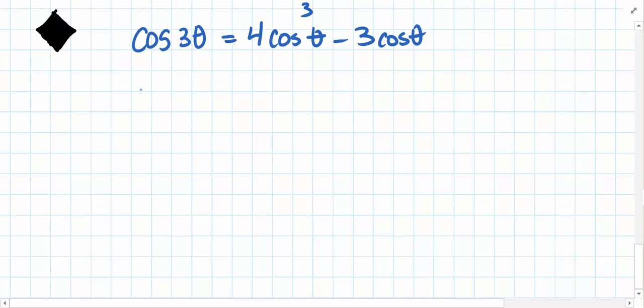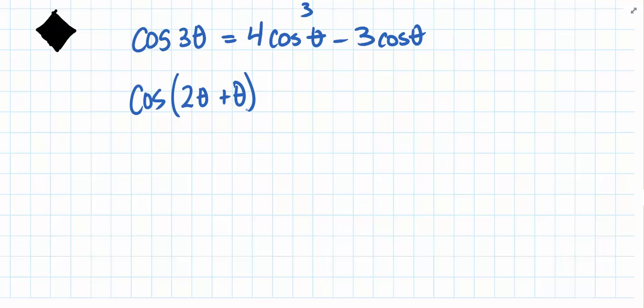Okay? So we're going to call this the cosine of, we're going to break up 3 theta into 2 theta plus theta. 3 theta is 2 theta plus theta. Now, you should see that we have a sum formula for cosine. Do you see it? Yes. All right. Very good.